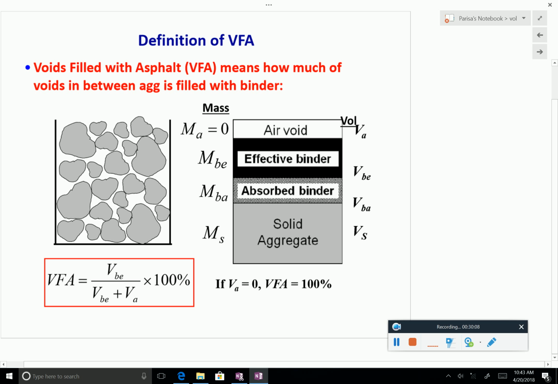There is a third one, this is the last one. Voids filled with asphalt. It has nothing to do with the volume of the asphalt. It tells you how much of the voids you have filled, basically. VFA, voids filled with asphalt. How much is filled with binder?